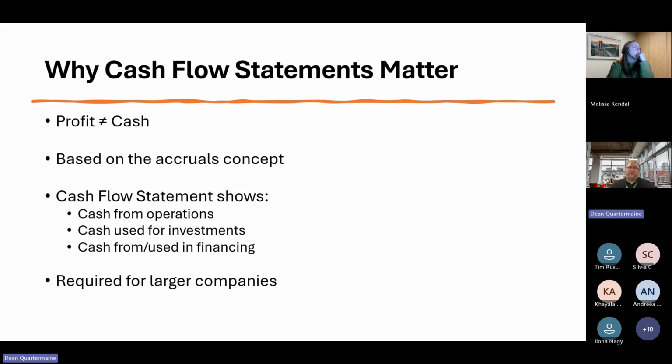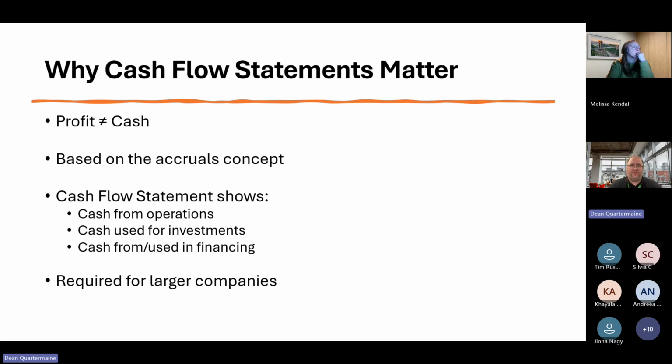First things first then, why do cash flow statements matter? In our world of financial statements we've got a statement of profit or loss, a statement of financial position, and a statement of changes in equity. If we know what our financial position is and we know what profit we've made, why does the cash flow statement even matter?